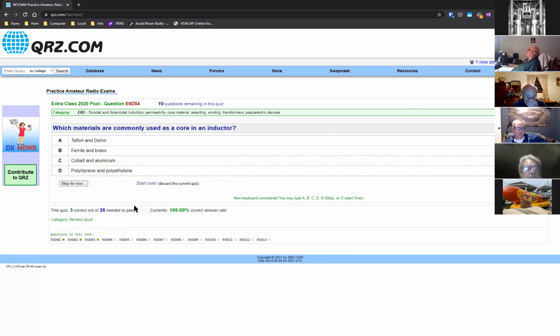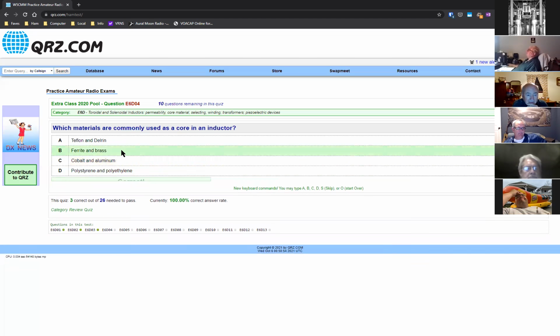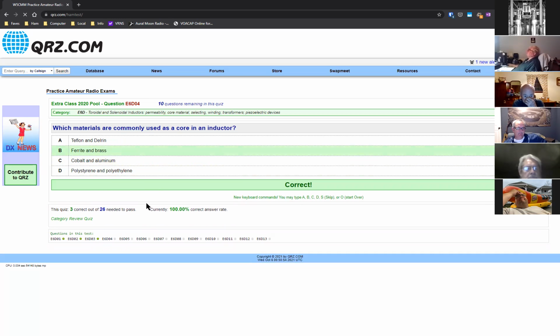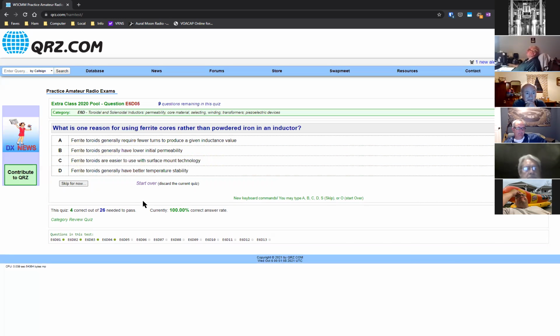Which materials are commonly used as a core in an inductor? It's going to be B. Yeah, ferrite and brass. What is one reason for using ferrite cores rather than powdered iron in an inductor?